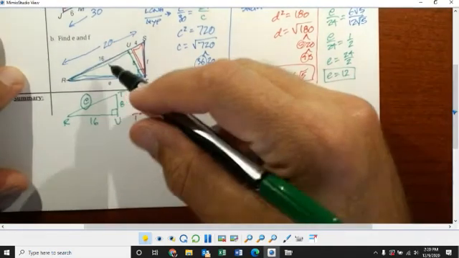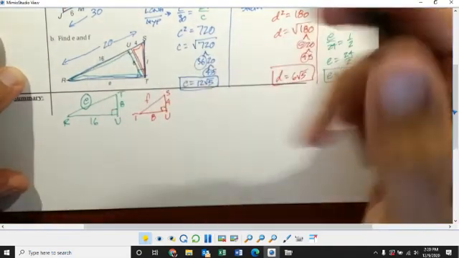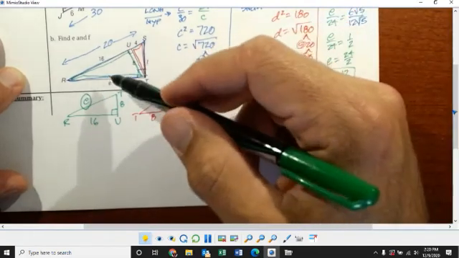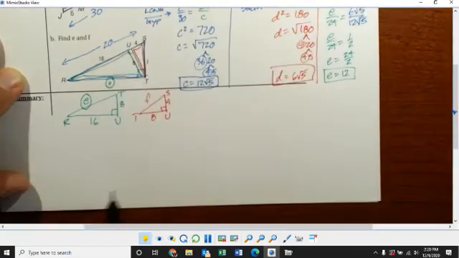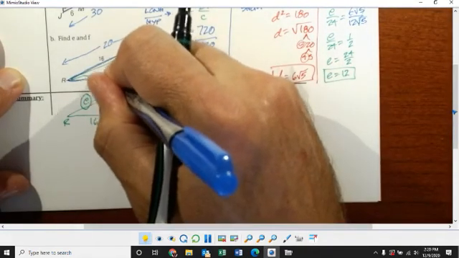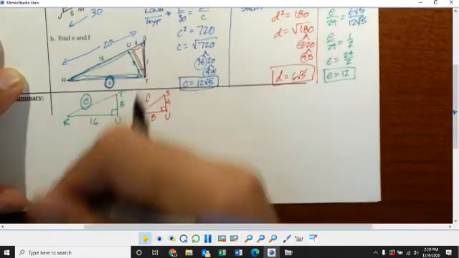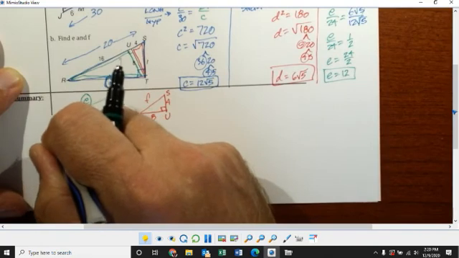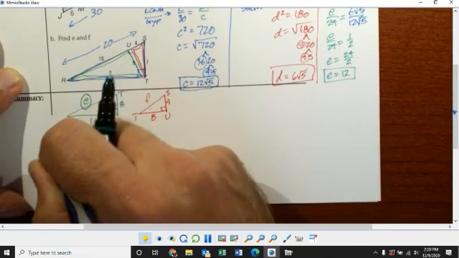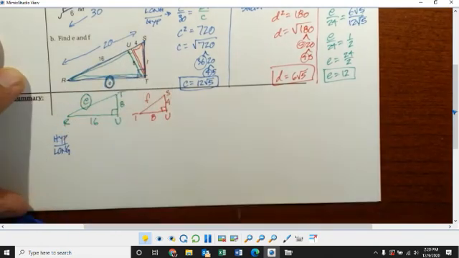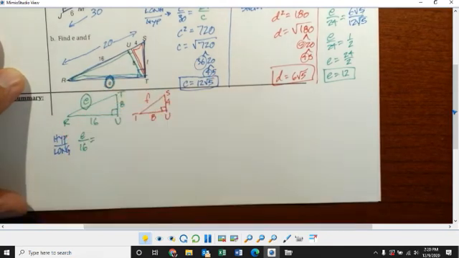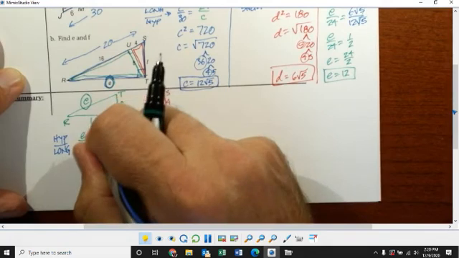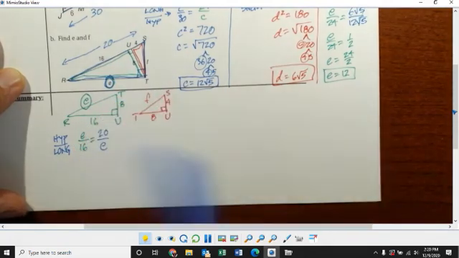So I'm going to have to pick hypotenuse over something on the large triangle, and my only choice here is to use the long side, which is also E. So I'm going to do hypotenuse over long side. For my medium-sized triangle, it's E over 16. For the large triangle, it is 20 over E.